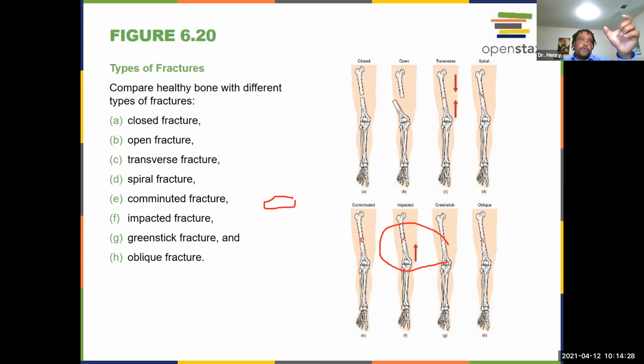So the center part of the bone is still intact, but the outer part has been fractured. You still have some contact between the bones, but it's breaking more in a spiral manner along the outer part of the bone.